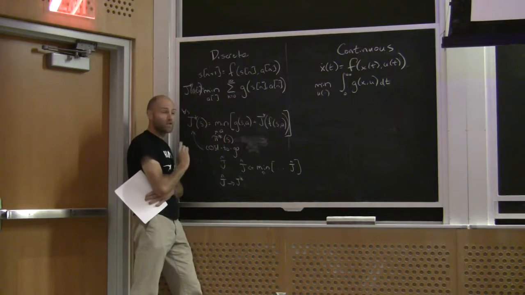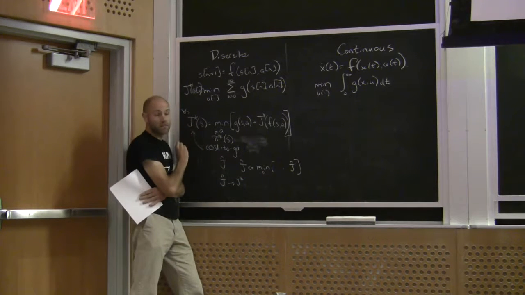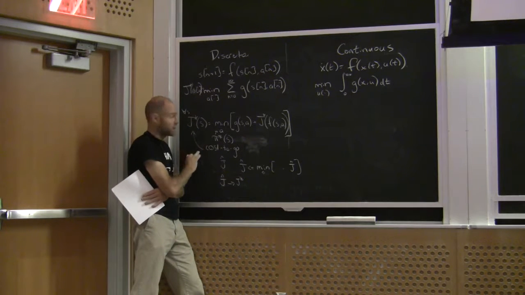If that's true, then, numerical method or not, you can convince me that your controller is optimal, okay?